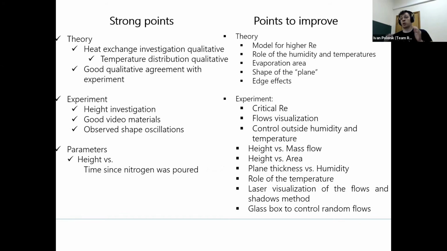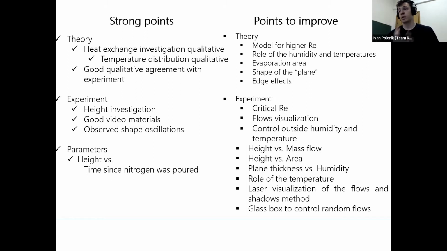And here we go to the main points of the report. So the strong points were qualitative heat exchange on a qualitative level, and also trying to talk about temperature distribution on a qualitative level, and good qualitative agreement with experiment. Also, I think we stated height of the plane as a function of time, but there are some points to improve.